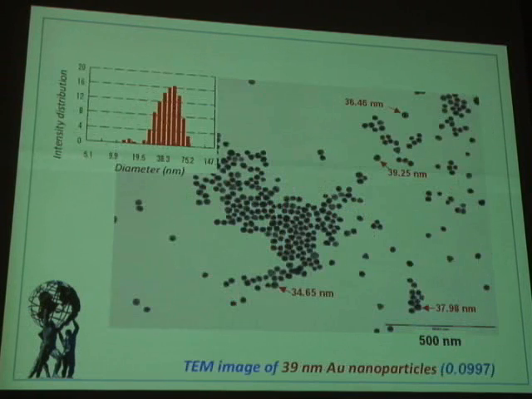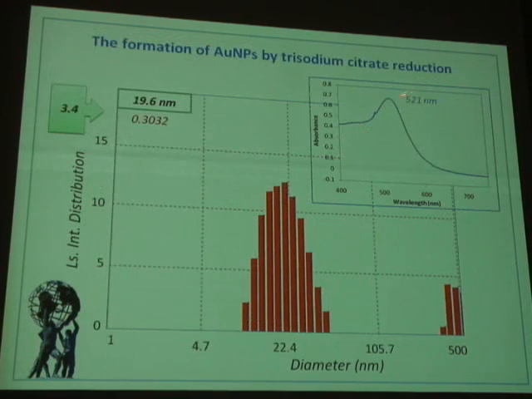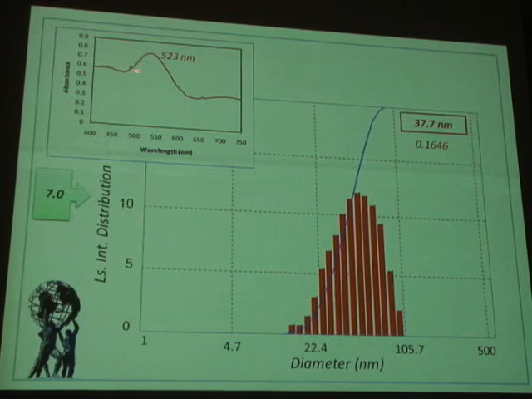And at a higher pH of 7, we get gold nanoparticles of 37.7 nanometers and polydispersity of about 0.1646. We also characterize by UV-vis, and in all of the samples the peak is near 520 nanometers. It is 521 and 523.